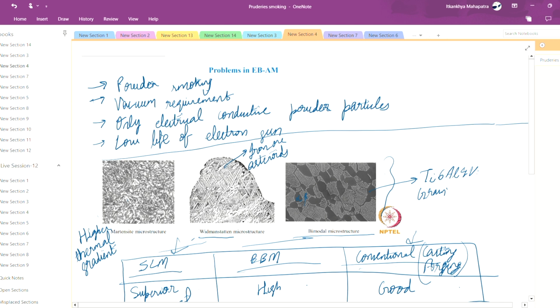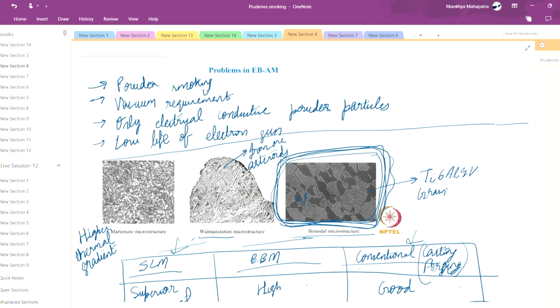Now, we can also use a single heat treatment process to give this type of microstructure. From 3D printed parts also we can get this type of microstructure by using different types of heat treatment processes.